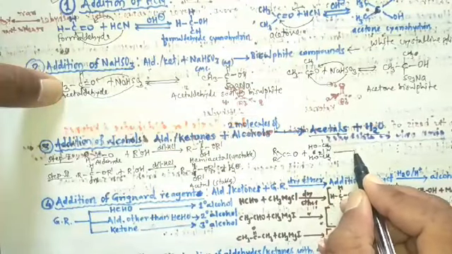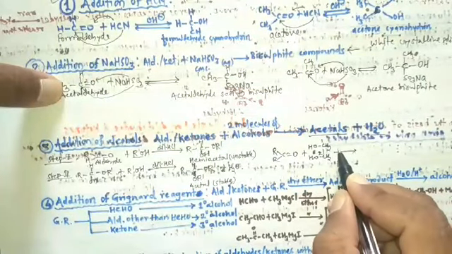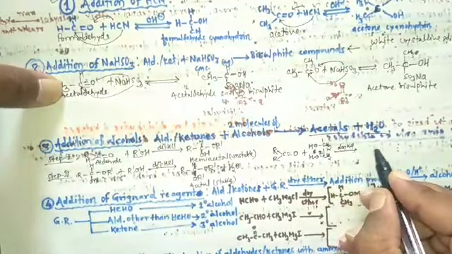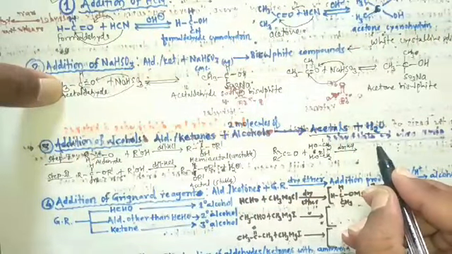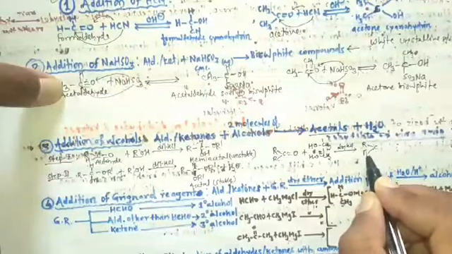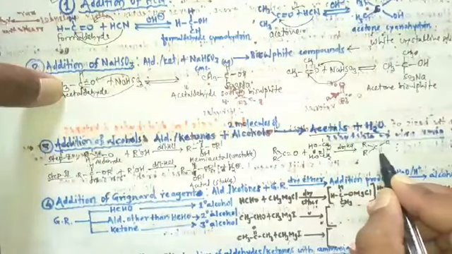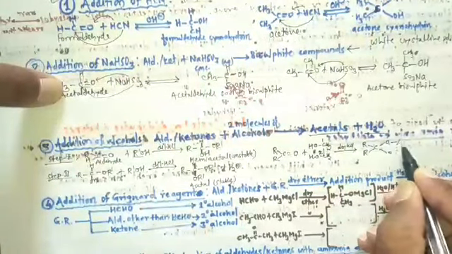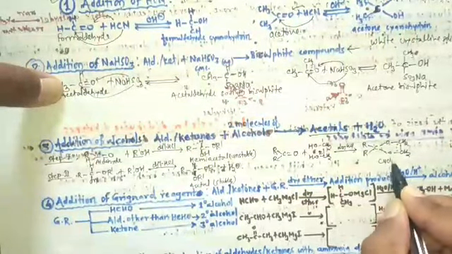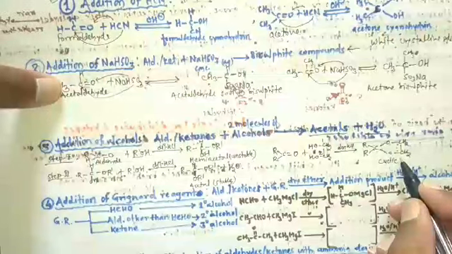When it is reacted in presence of dry HCl, then it produces cyclic ketal. So here formation of cyclic ketal takes place. So this is the structural formula of cyclic ketals.